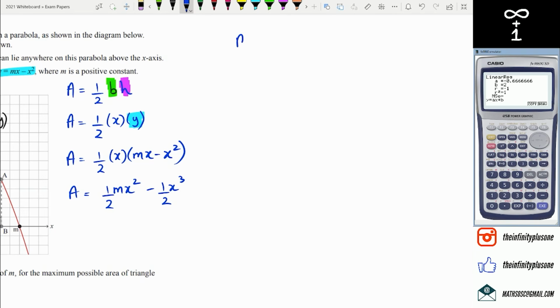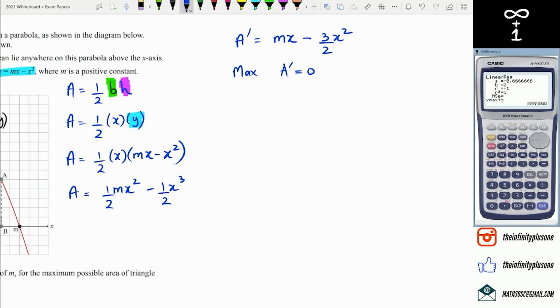So I'm going to differentiate the area. Half times 2 kind of disappears, so it just becomes mx minus 3 over 2 x squared. So here is my differentiated function for the area. I know that a maximum or minimum happens when the gradient function equals 0.